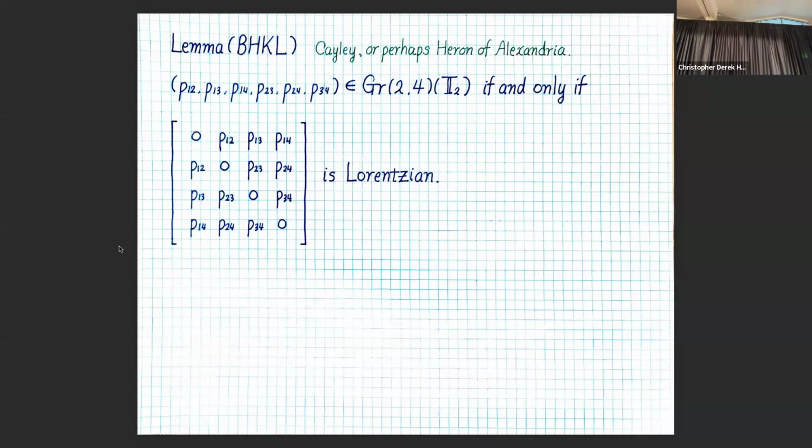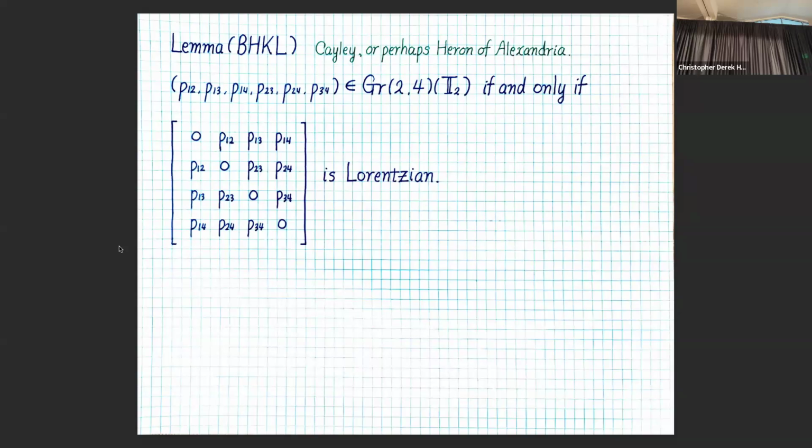And it is based on the observation that you can test the Lorentzianness of a matrix by testing the signs of principal minors. So if something is Lorentzian, 1 by 1 principal minors should be non-negative, 2 by 2 should be non-positive, 3 by 3 should be non-negative, 4 by 4 should be non-positive, and so on.